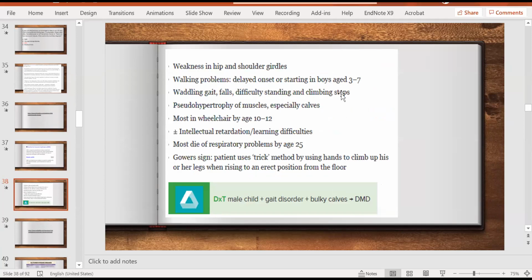That has a name called Gower sign. I will show it to you. They also have difficulty climbing stairs because their hip muscles are weak. Because hip muscles are weak, they use their calf muscles more, and they can have hypertrophy of the calf muscles. They have intellectual or learning disabilities. Also, most of them die by the age of 25.